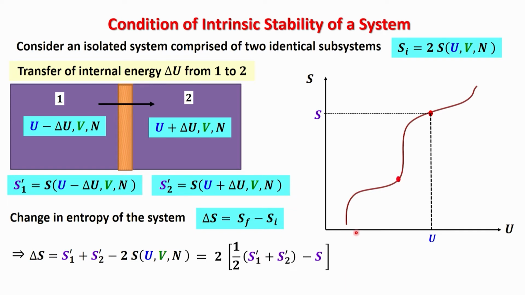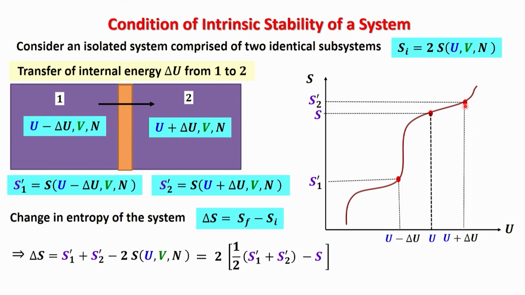For that, I will have to look at this point which corresponds to my U minus delta U. Therefore, this is the corresponding value of S1 prime by definition. Now, I will also have a look at the second point over here which corresponds to U plus delta U, and this is the value of S2 prime.